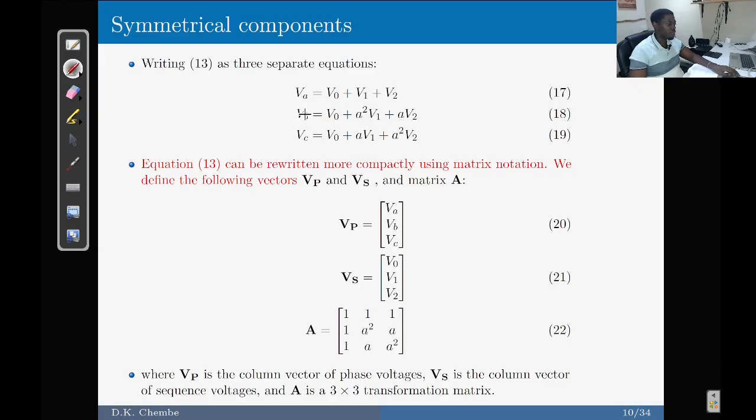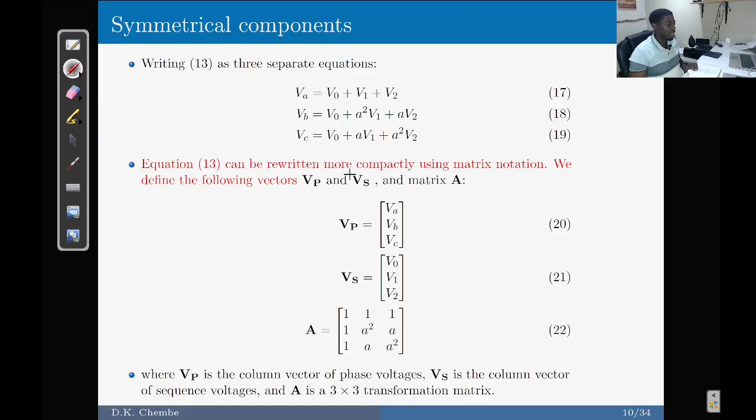Equally, the phase voltage for B, or B phase, you have V0 plus A squared V1 plus A V2. This is all coming from the matrix that we just looked at in the previous slide. And you have your VC equal to V0 plus A V1 plus A squared V2.